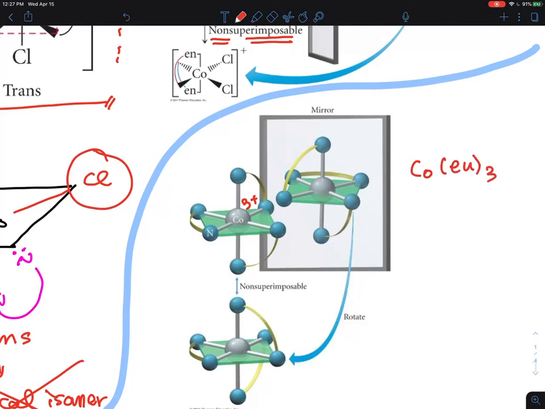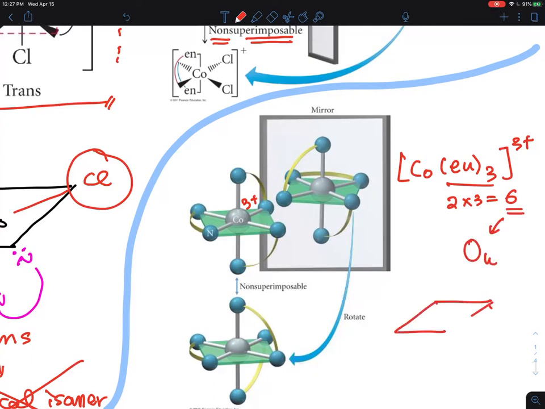Ethylene diamine, there are three of them, with 3+. And so this is a complex, and the effective number of coordination is 2 from each ethylene diamine, there are 3 of them. 6 coordination, that means an octahedral, just like that. You guys have seen this one drawn many times.